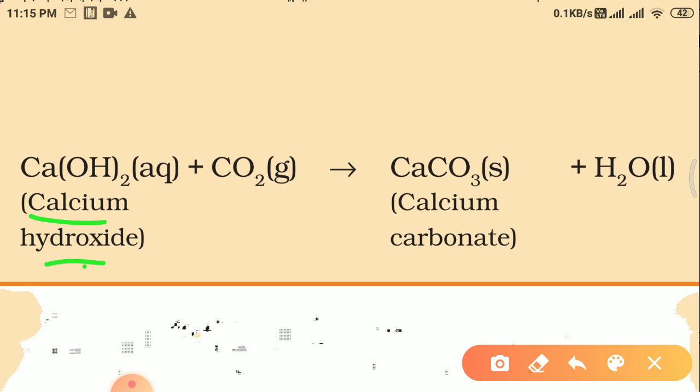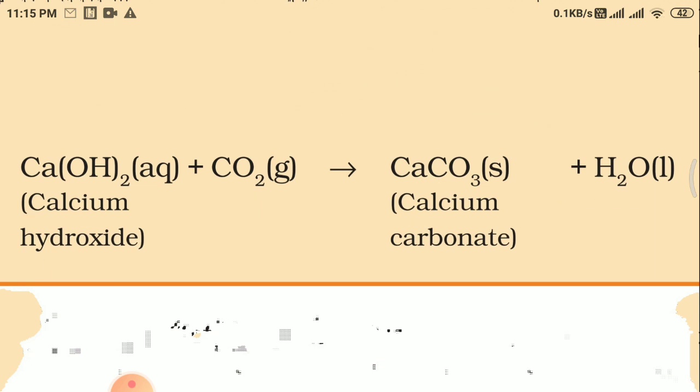It is interesting to note that the chemical formula of marble is also CaCO3. So here the chemical reaction will be calcium hydroxide or slaked lime, Ca(OH)2, plus carbon dioxide, CO2, reacts and gives calcium carbonate, CaCO3, plus water, H2O.